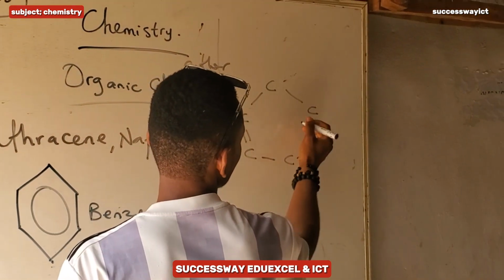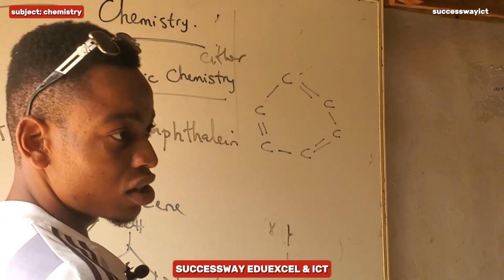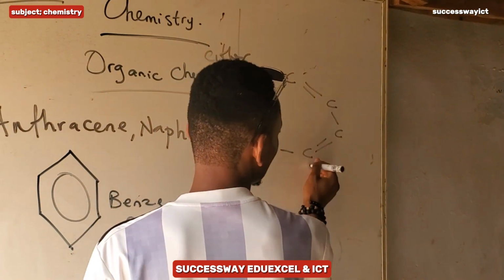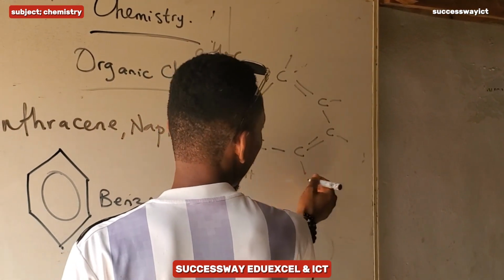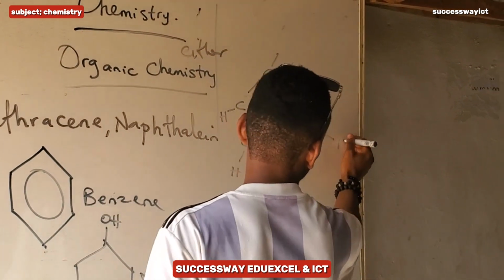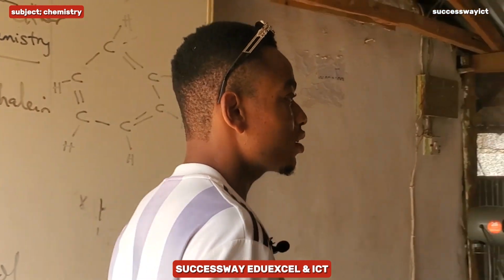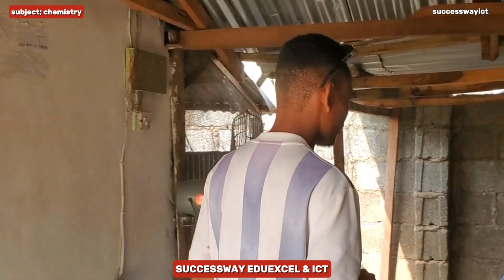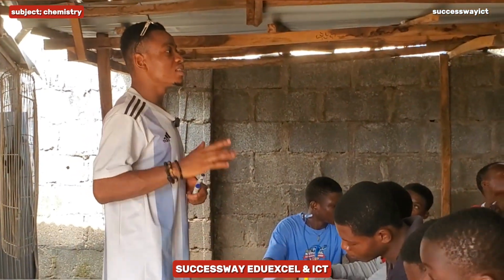This is 1, 2, 3. Do we get it? This is another structure of benzene. Each of them is attached to hydrogen. So are we getting it? So that's the structure of benzene.